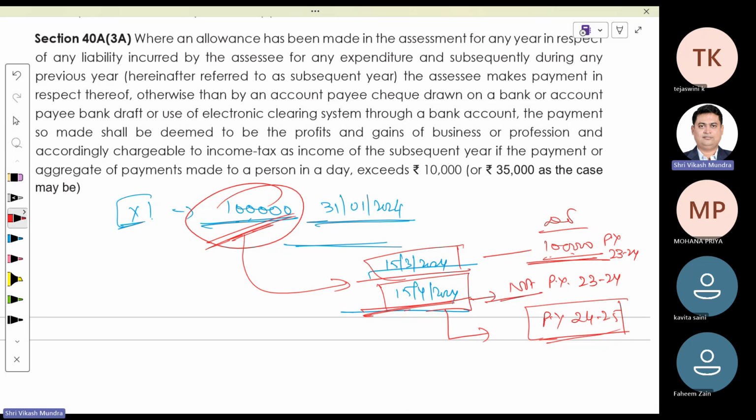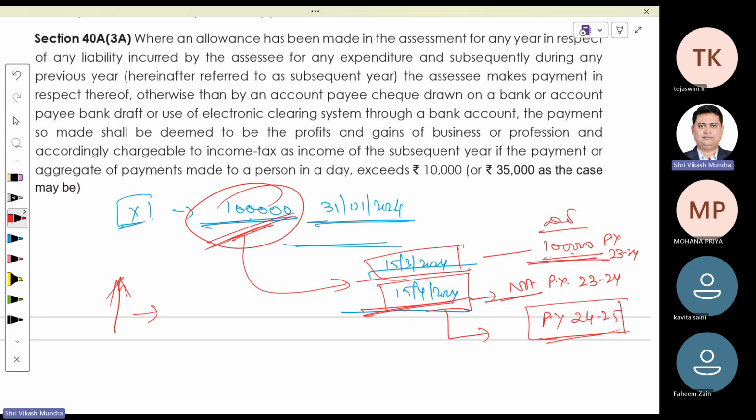But since I did not make this payment to the micro or small enterprises, my deductions are deferred to the next year. In that situation, my income for previous year 23-24 would be on the higher side. I am required to pay a higher amount of tax to the government, so first of all, my slab may increase. Number two, I am required to pay tax to the government, which will affect my cash flow. That is one of the major concerns for a businessman.